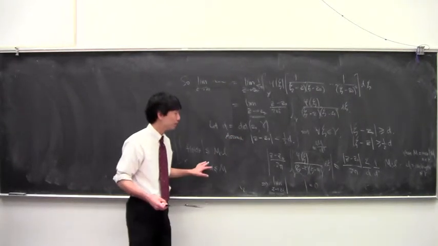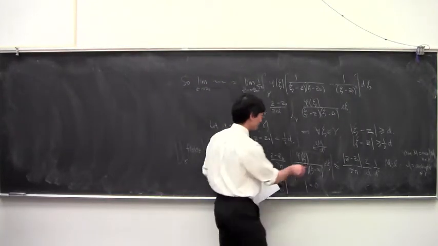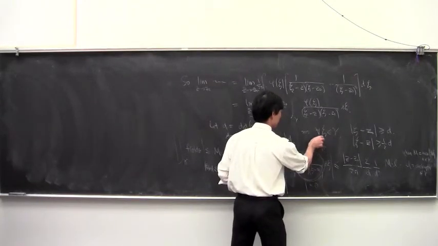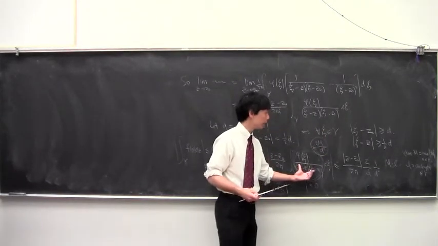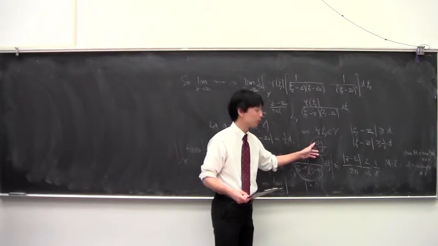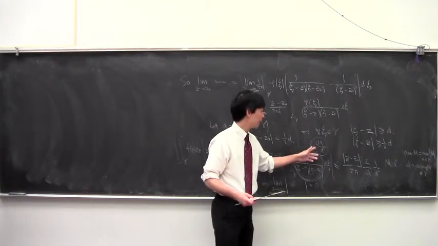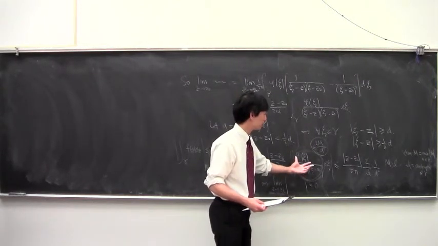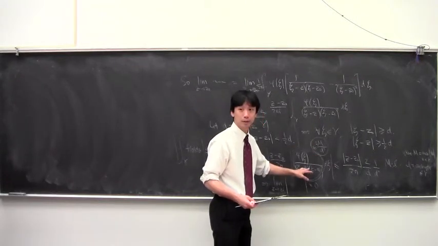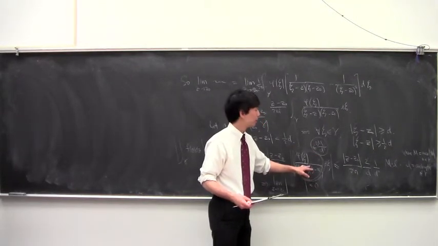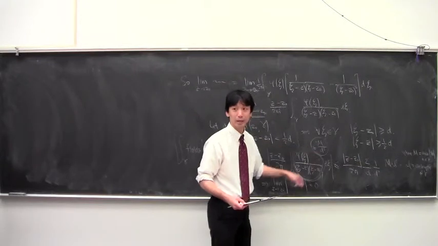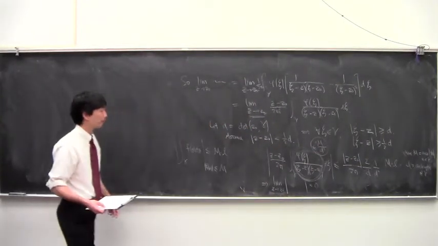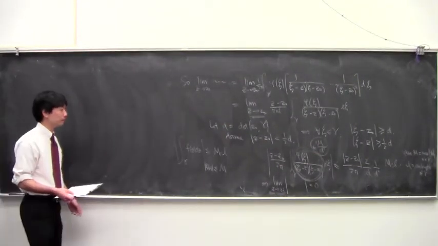Okay, so right, the absolute value of this thing here is controlled by 2M over d cubed, right? And so the absolute value of the integral is controlled by that times L. That bound by L times L. Okay.